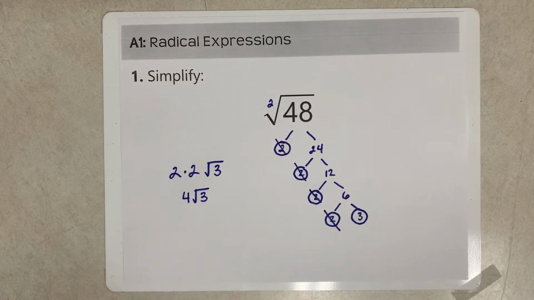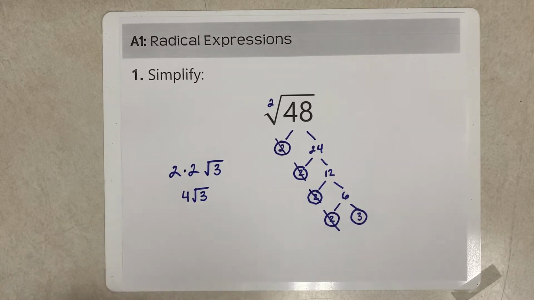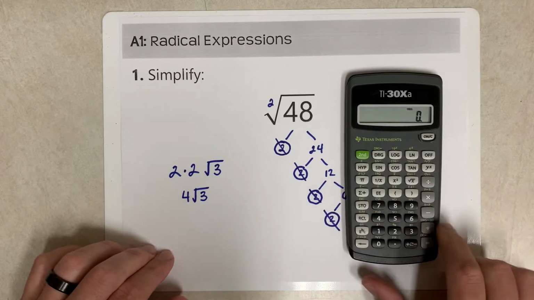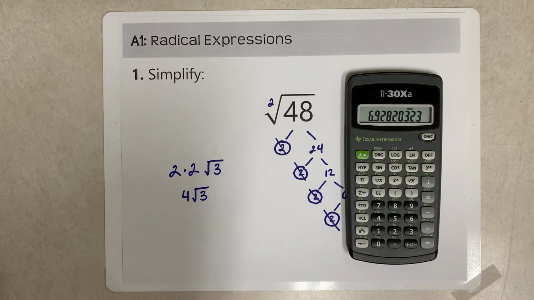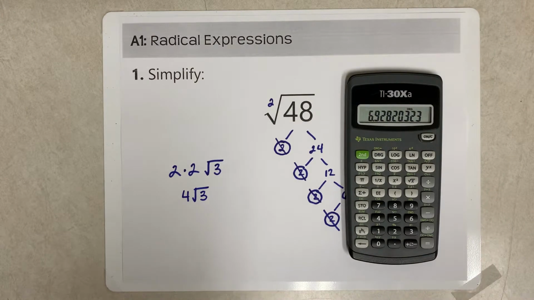So how do you know that is correct? One way is on a calculator, which you don't want to rely on because your test probably won't be multiple choice. You can enter the square root of 48 and get a decimal, about 6.92820323. It's irrational, so it keeps going.